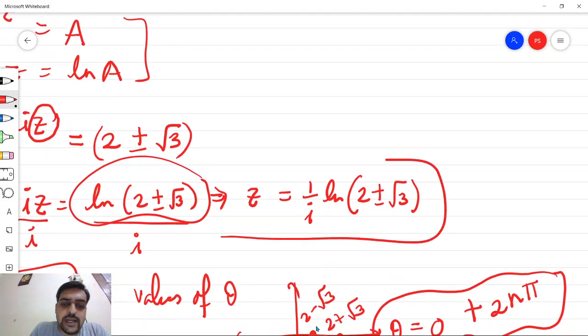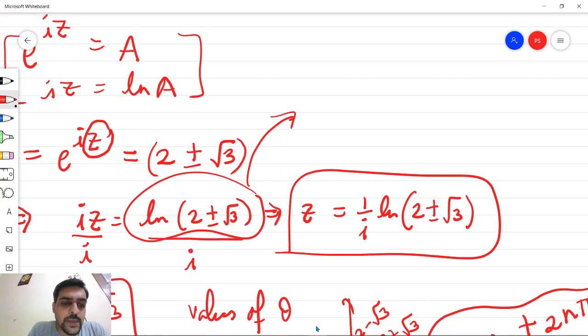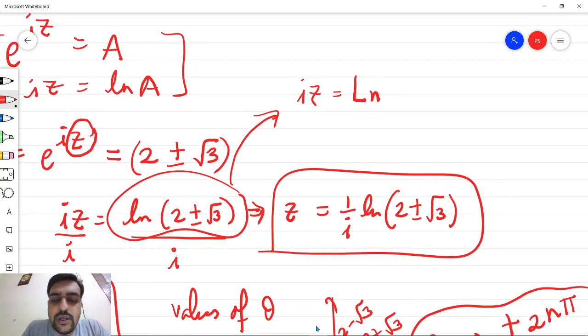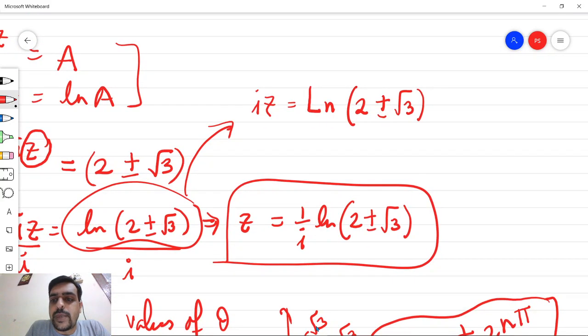Instead of writing it as this, we should correct our expression to get iz equal to log of, following the convention we have already used, capital Ln. This capital L represents that it is a real log, that is, a logarithm of a real quantity. So Ln of 2 plus or minus root 3 plus i times theta. This was our original convention.